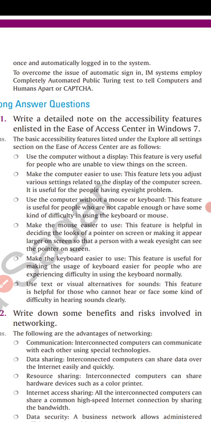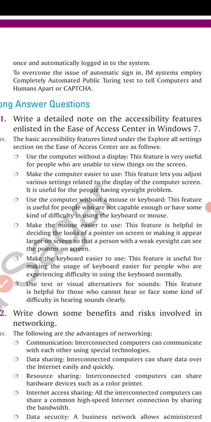Okay, dear students, next point you can write: make the computer easier to see. This feature lets you adjust various settings related to the display of the computer screen. That is useful for people having eyesight problems. Next one is use the computer without a mouse or keyboard.